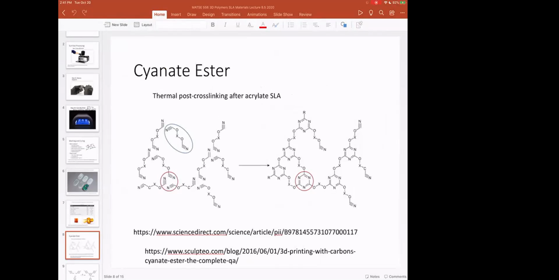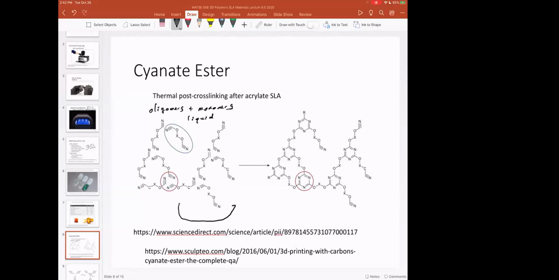So in this oligomer right here, we have oligomers plus monomers. And we know this is going to be liquid. First, we're going to do UV photo of acrylates to get a solid.